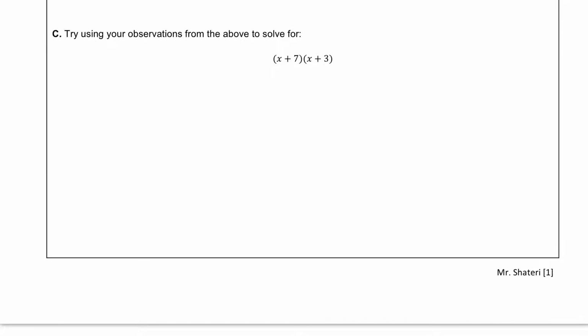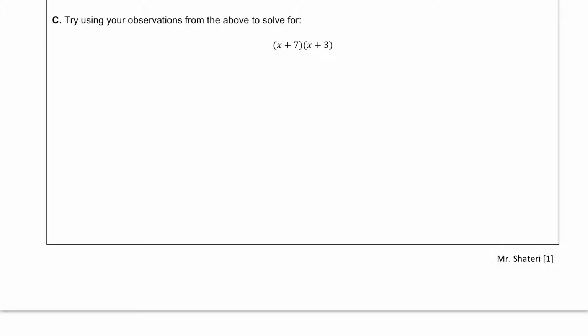It says, try to use your observation from above to solve for this expression. You can see that in this expression, I can no longer use BEDMAS or brackets first to simplify the bracket here and the bracket here, because you can't add these two. They're not like terms.